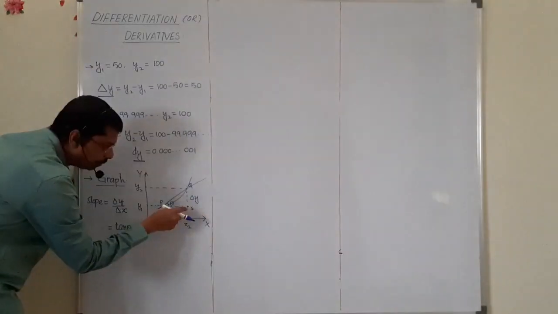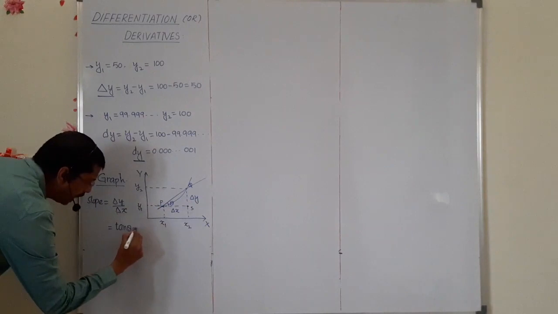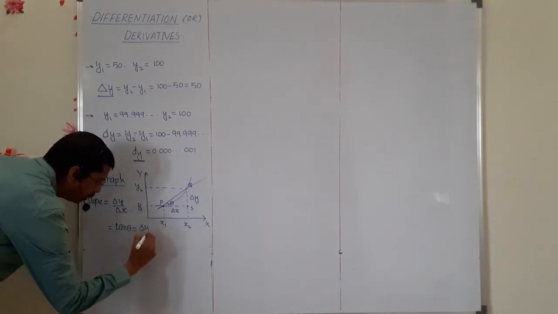In this triangle, the slope is delta y upon delta x. This delta y upon delta x is nothing but tan theta, because tan theta is opposite upon adjacent. This is nothing but the slope.